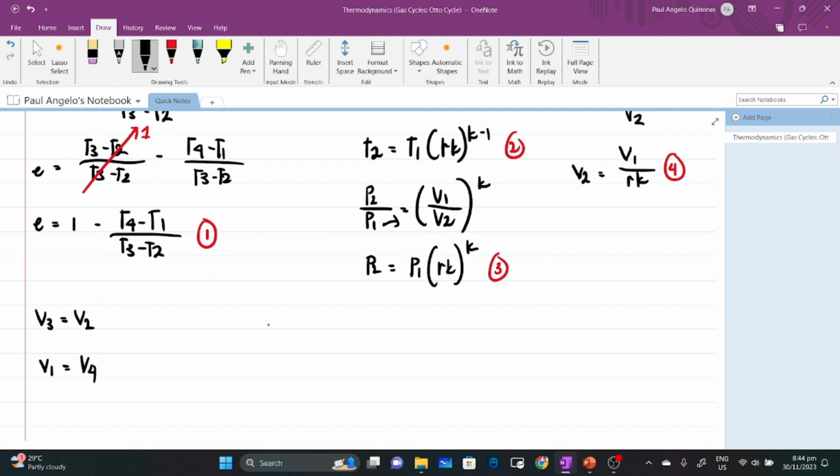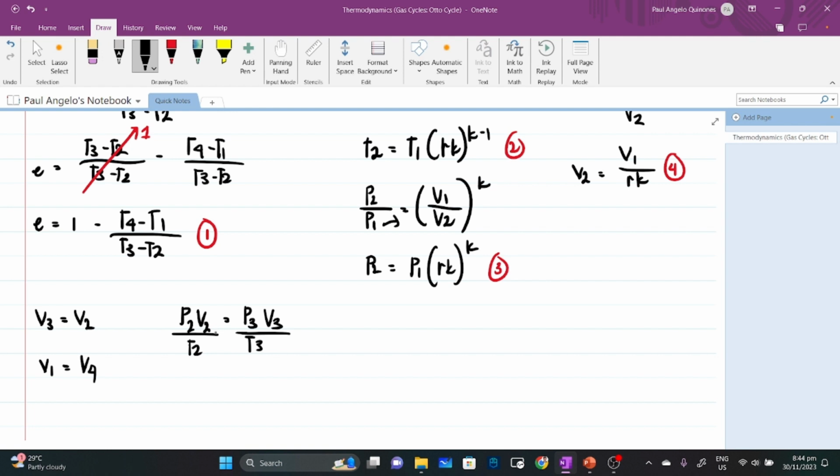Next, how am I going to solve for T sub 3? I can solve that using the equation of combined gas law. In combined gas law, that is P3 V3 over T3 is equal to, let's use P sub 2 first, P2 V2 over T2.